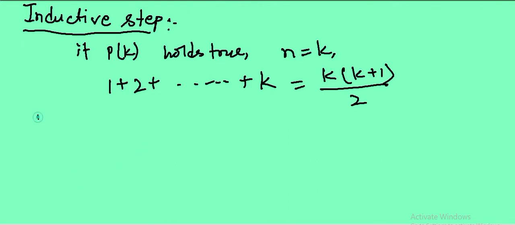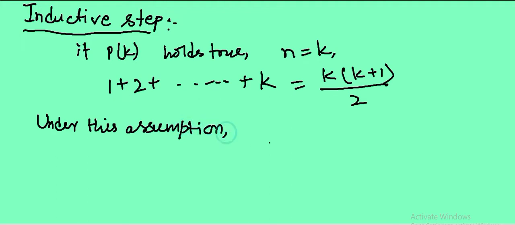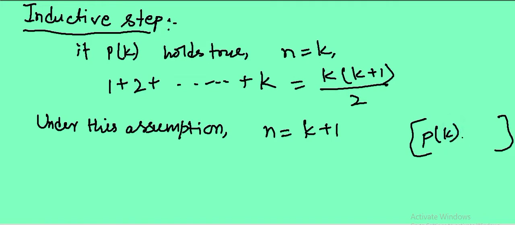Under this assumption, we have to prove it for n equal to k plus 1, because as we know from the definition, if Pk holds true then it implies that it holds true for the next number, which is P of k plus 1.